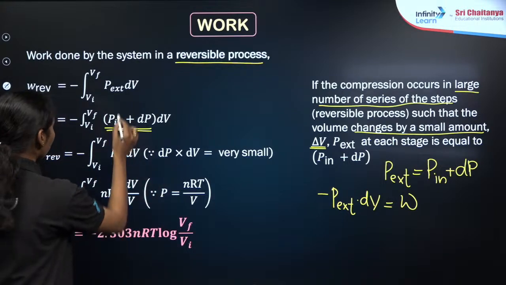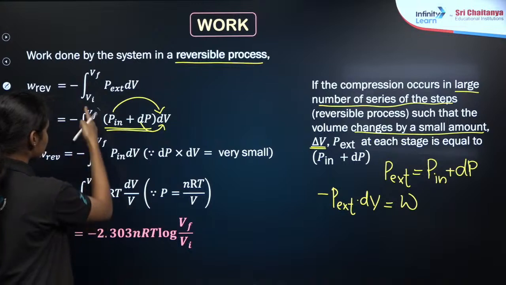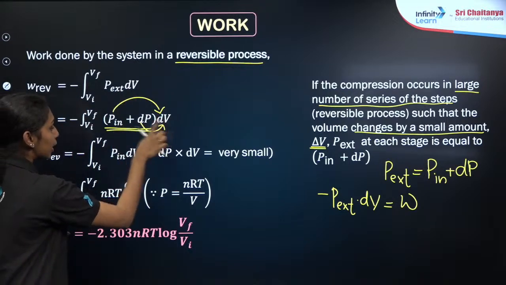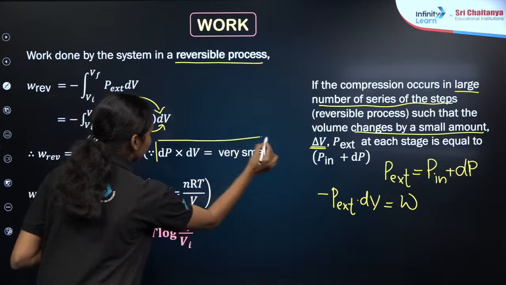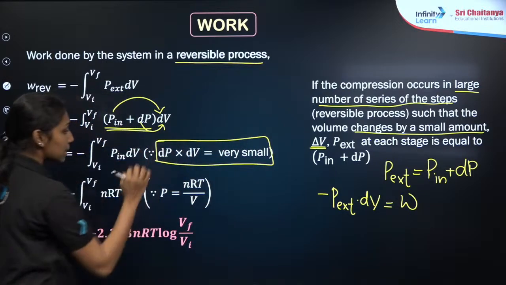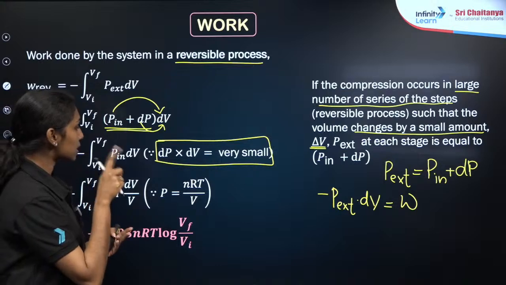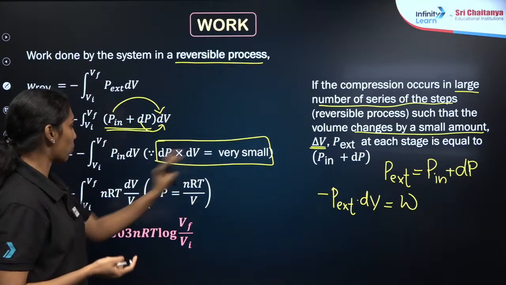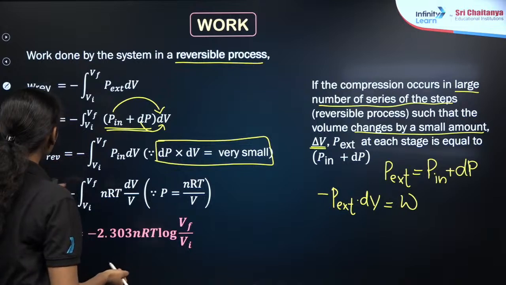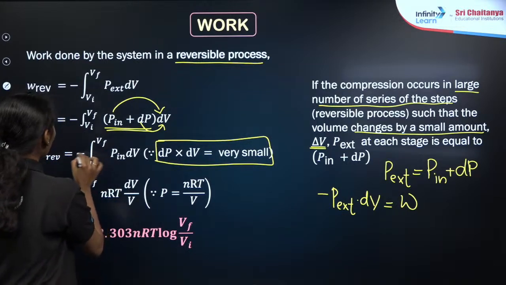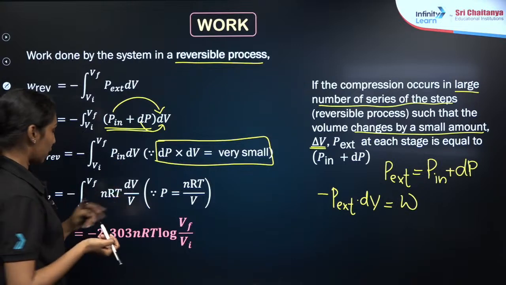When we open this bracket, it becomes P internal into dV, then dP into dV. dP is a small change in pressure and dV is a small change in volume. When these small changes are multiplied with each other, it becomes very small, so we neglect this term. Then work reversible is equal to negative of the integral Vi to Vf of P internal into dV.